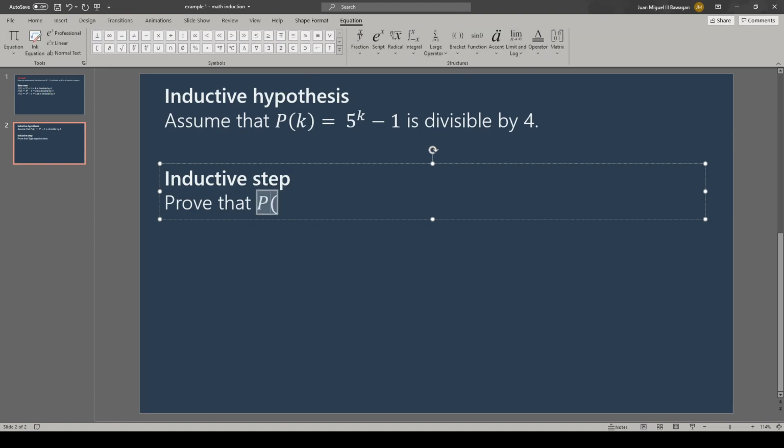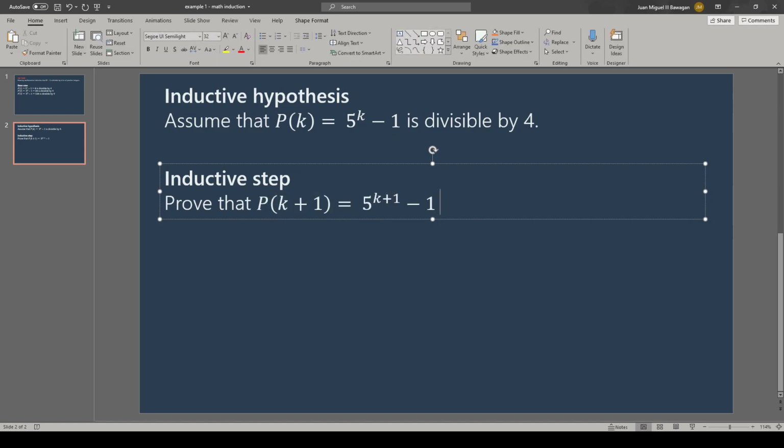So we have to show P of k plus 1. If we substitute k plus 1 to n, we'll get 5 raised to k plus 1 minus 1. And we prove that this is divisible by 4.